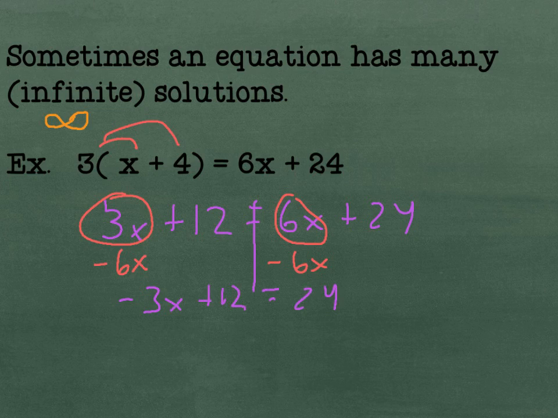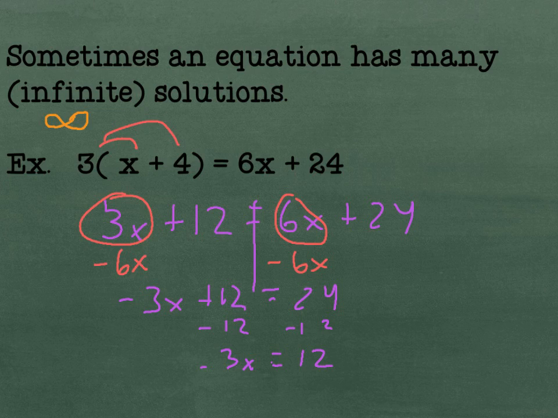And then when I subtract 12 from both sides, I get negative 3x equals 12, and I made a mistake on this one because it doesn't work. So in any case, where this was supposed to have an infinite number of solutions, it didn't work out that way.